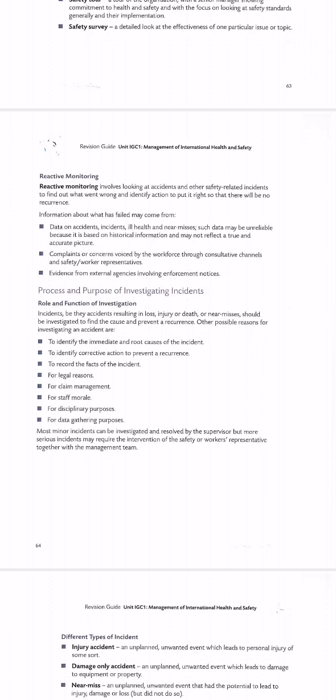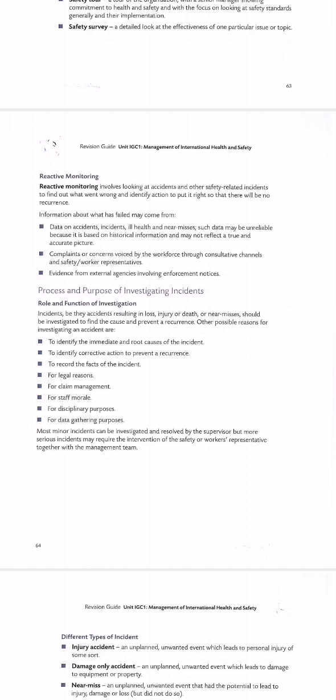Other possible reasons for investigating an accident are: why you investigate an incident or accident. One is to identify the immediate or the root cause of that incident. Number two, to identify the corrective action to prevent the reoccurrence, for it not to occur, right. Number three, to record the facts of the incident.